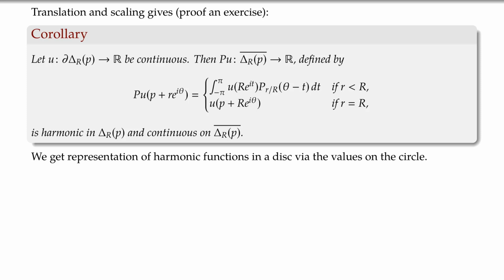This formula gives us a harmonic function with those boundary values. That means that if we have some harmonic function with those boundary values, then if we restrict to the boundary and solve the Dirichlet problem, it has to give us that function again, right?